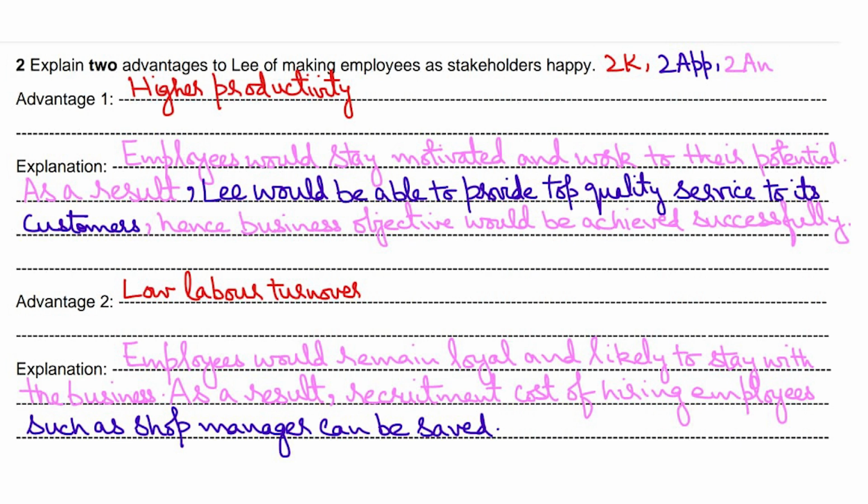Then analysis, okay, in pink. Employees would remain loyal and likely to stay with the business, okay. As a result, recruitment cost of hiring employees such as shop manager can be saved. I told you earlier at the start of the question that you can underline shop manager because now you can use it effectively here as application. So the business may not have to recruit managers time and again because they like to stay with the business as they are loyal.